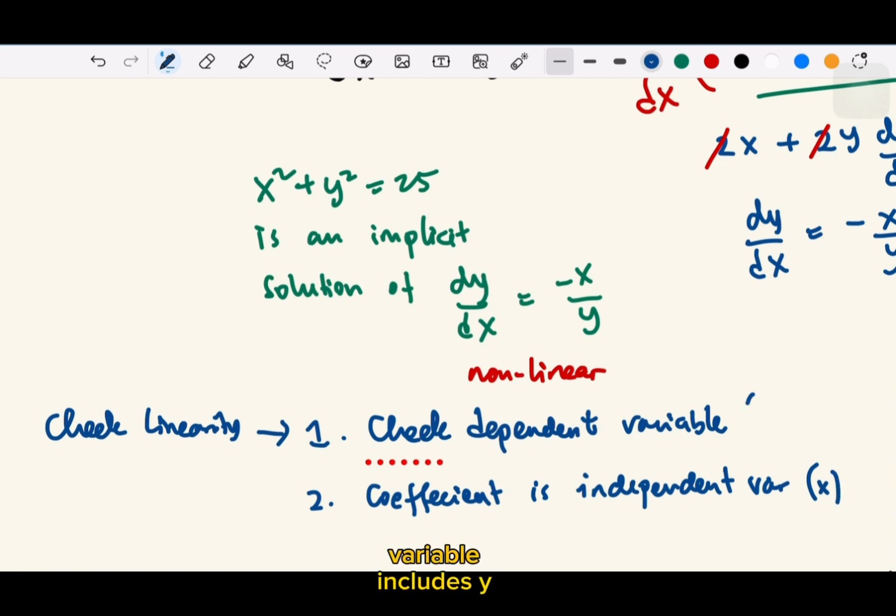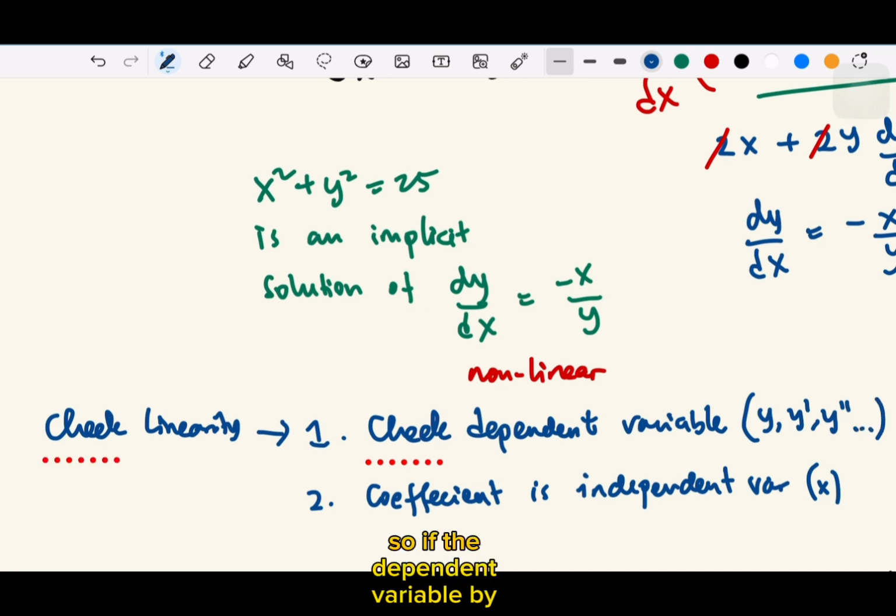The dependent variable includes y, y prime, y double prime, and so on. If the dependent variable appears in a nonlinear way, then it's nonlinear. For example, 1 over y is already nonlinear, right? Or if you change this 1 over y with sine y, it's also nonlinear. Or if you take y and make it squared or cubed, it's also nonlinear. Okay?